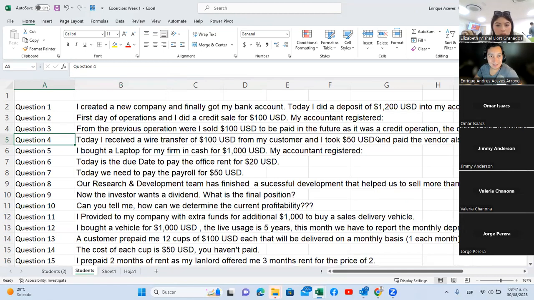Yeah, and resource. Assets increase with debit. Debit. And credit to the cost, right? Or to the $50. You're decreasing the debt, right? To the cost? No. To the accounts receivable.